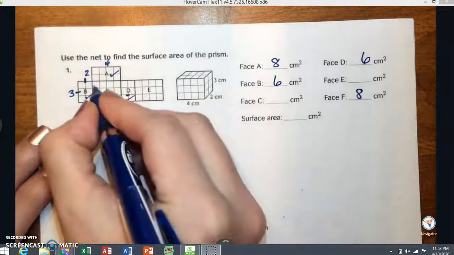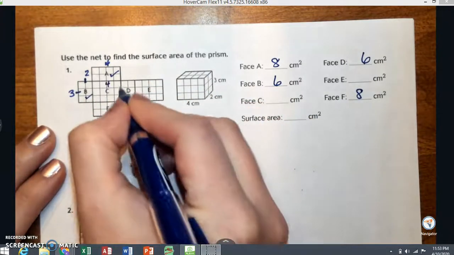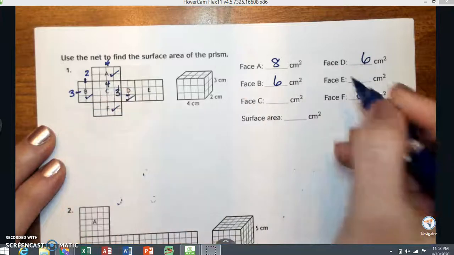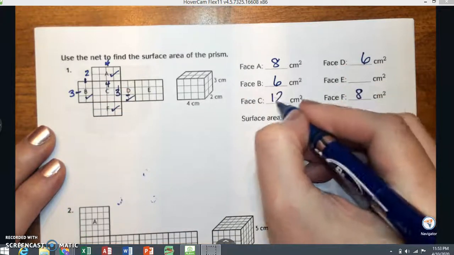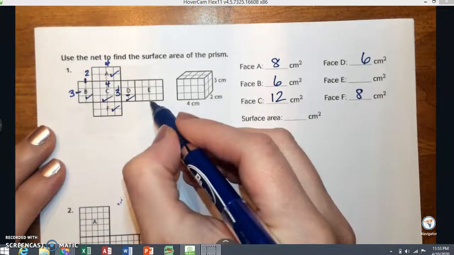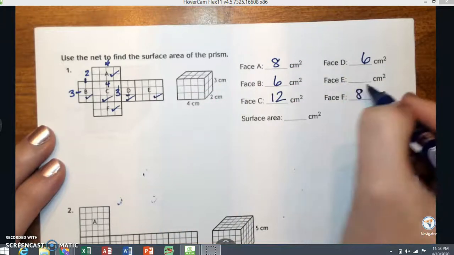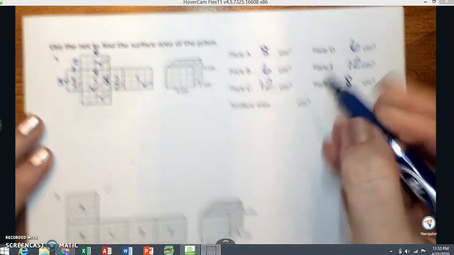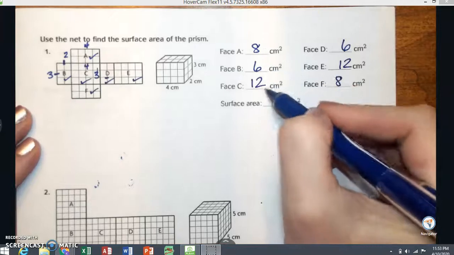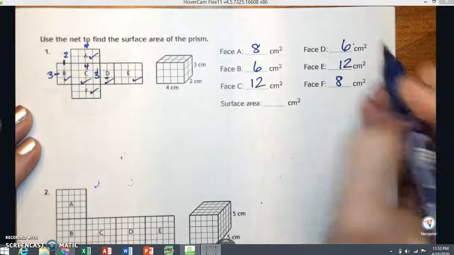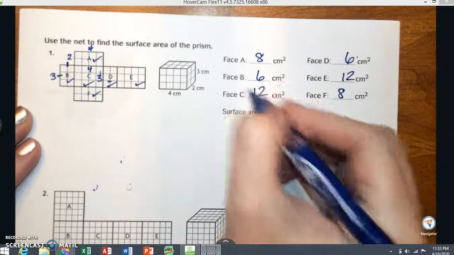So looking at C, we have 1, 2, 3, 4 there, and 3 here. 4 times 3 is 12. And notice E is the exact same size. Alright, so I've got 8, 6, and 12, 6, 12, and 8. So add them together.